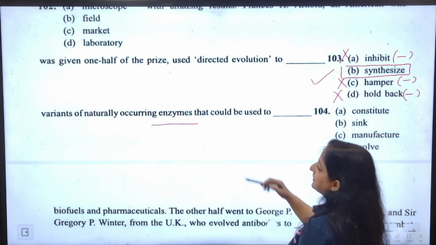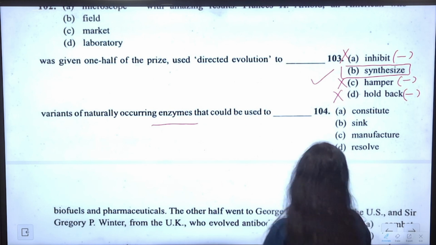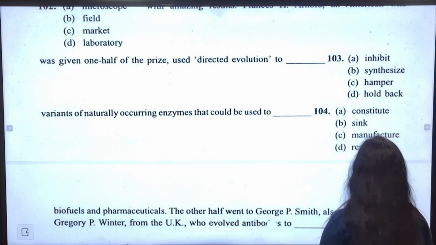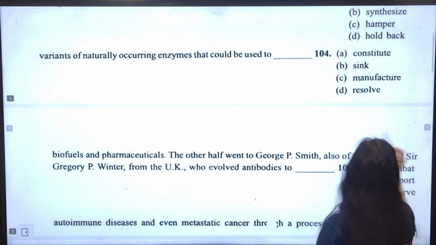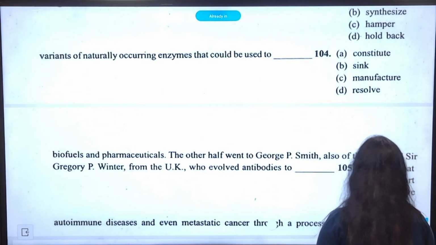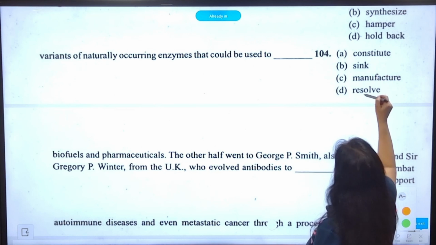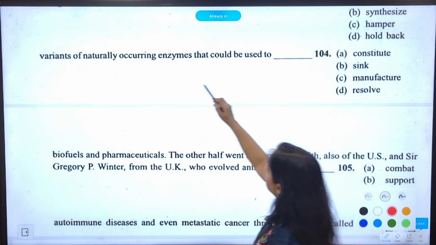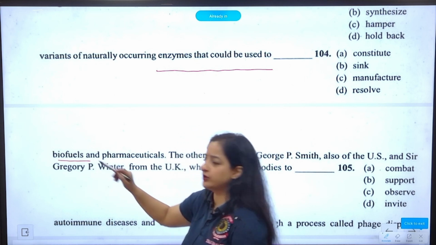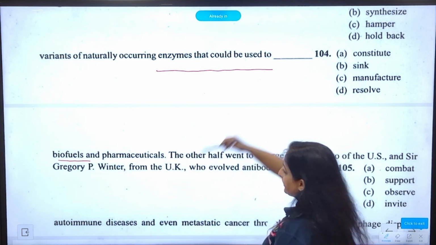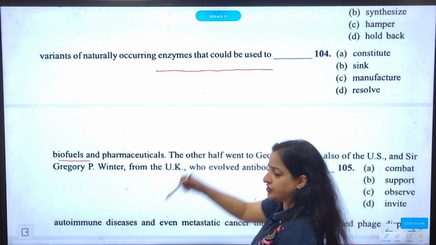Okay. So they synthesized enzymes that could be used to any of these options, enzymes that could be used to the biofuels. Now constitute the biofuels, sync the biofuels, manufacture or resolve.